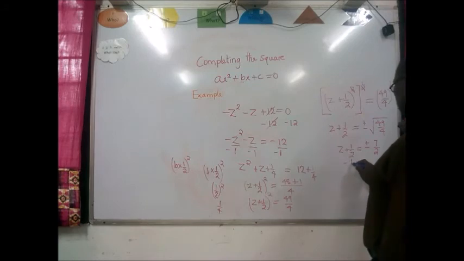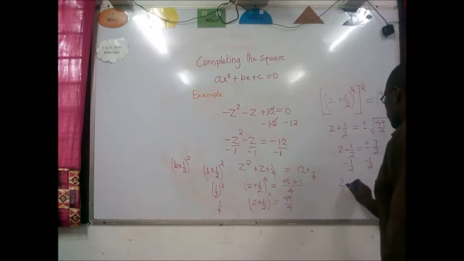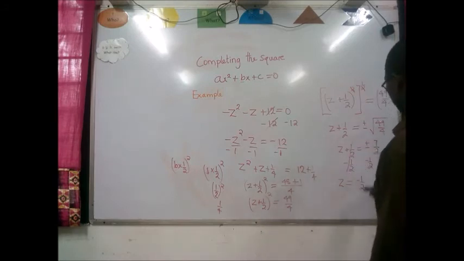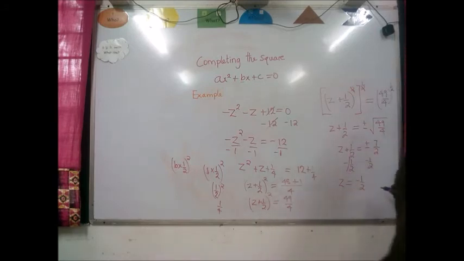Now we subtract half on this side and half on the other side. So we end up with z is equal to negative half, because here they cancel off and we remain with z on this side, plus or minus 7 over 2.